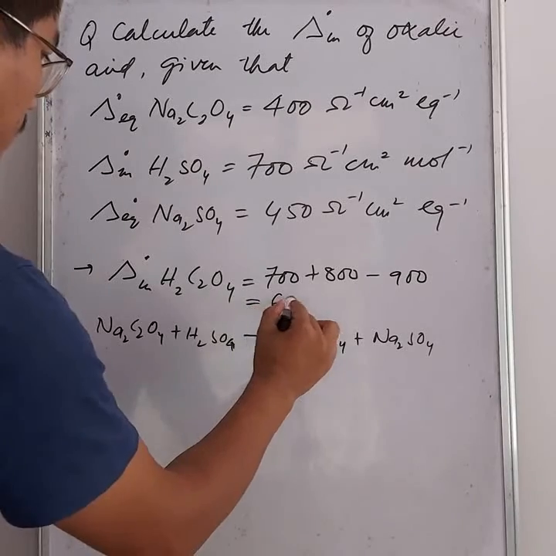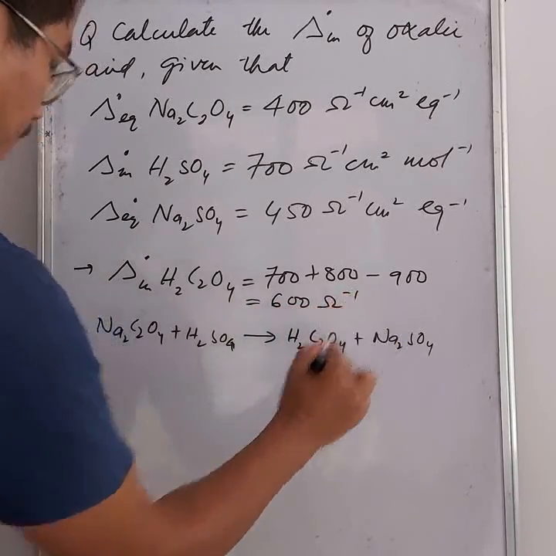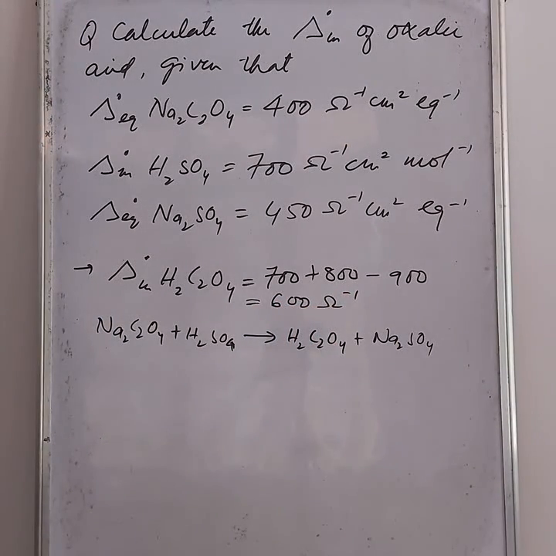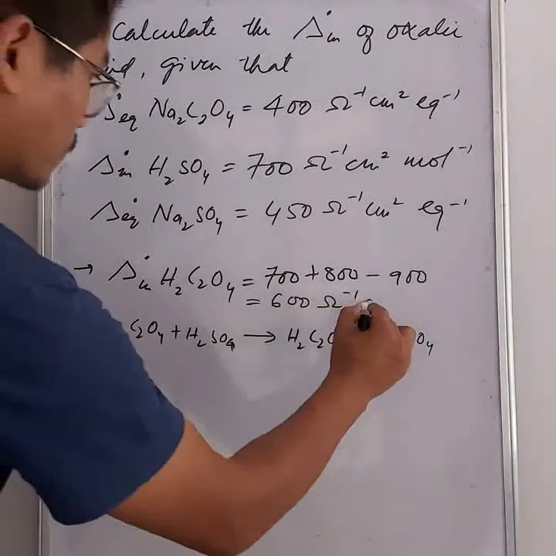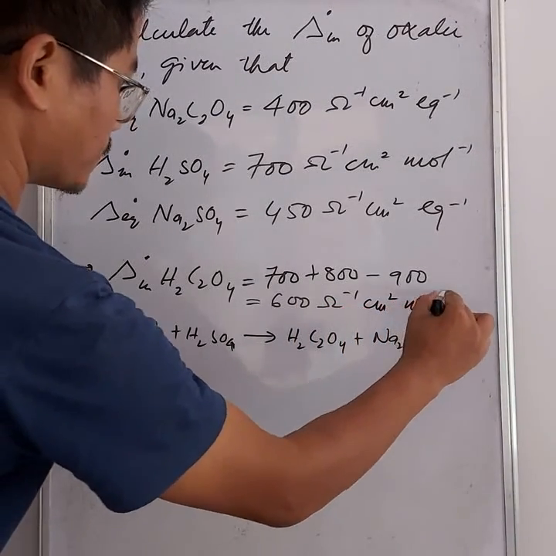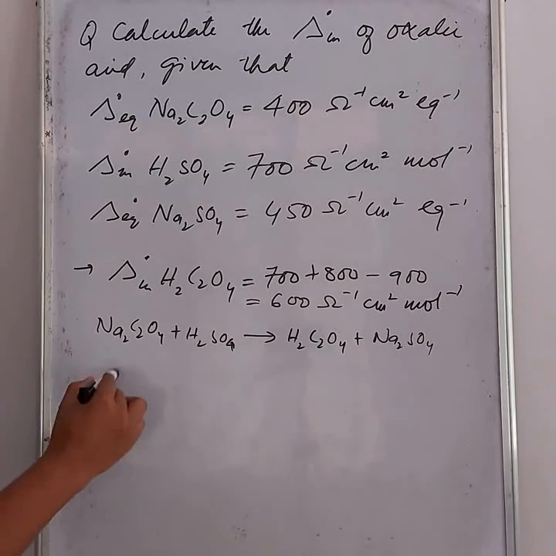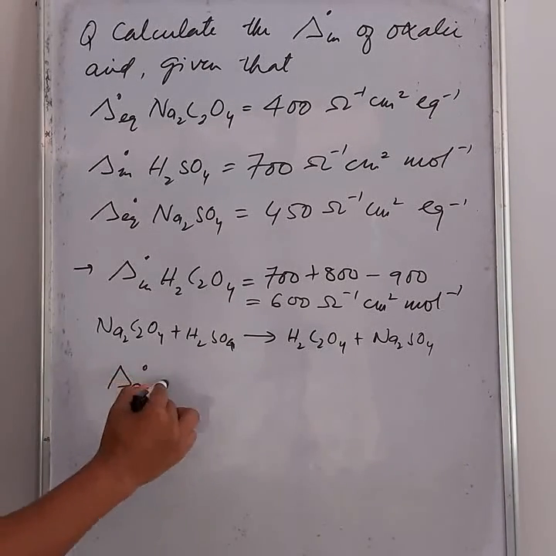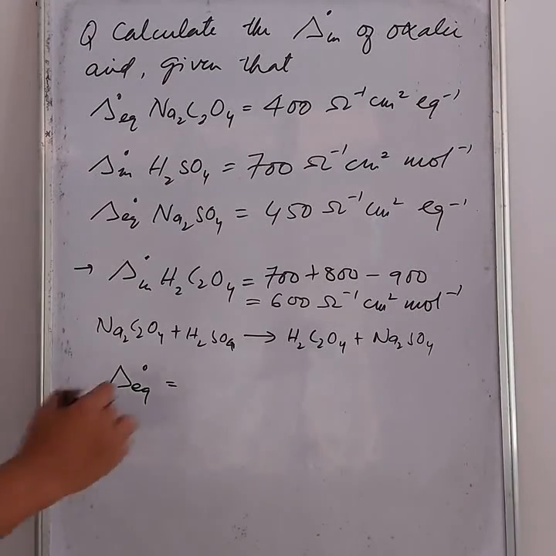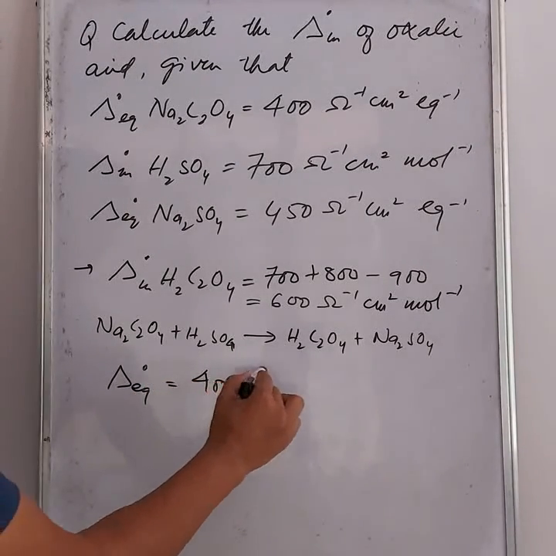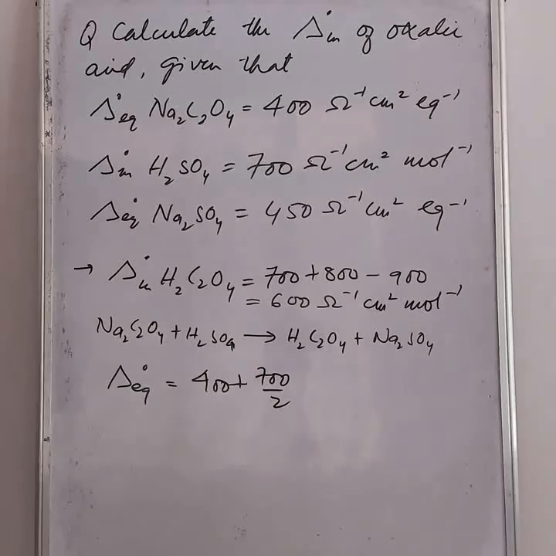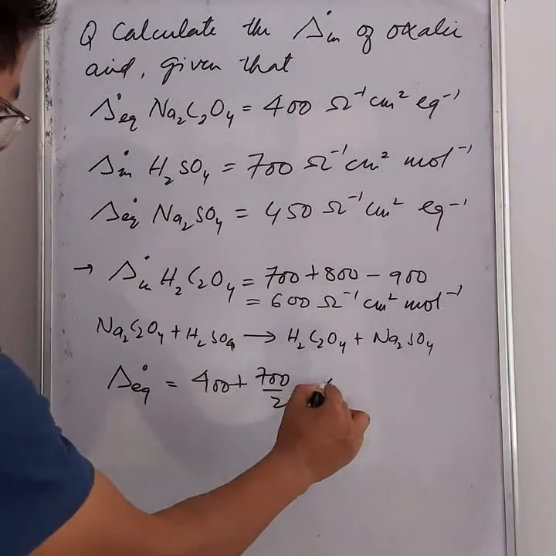If we convert it, our equation will look like this, giving us 600 ohm inverse centimeter squared per mole. Now the equivalent conductance would be 400 plus 700 over 2 minus 450.